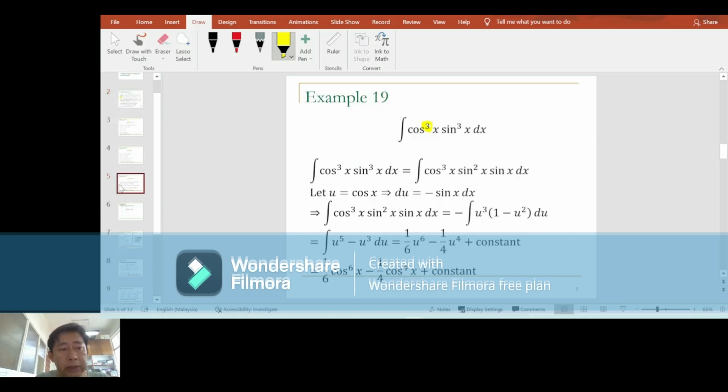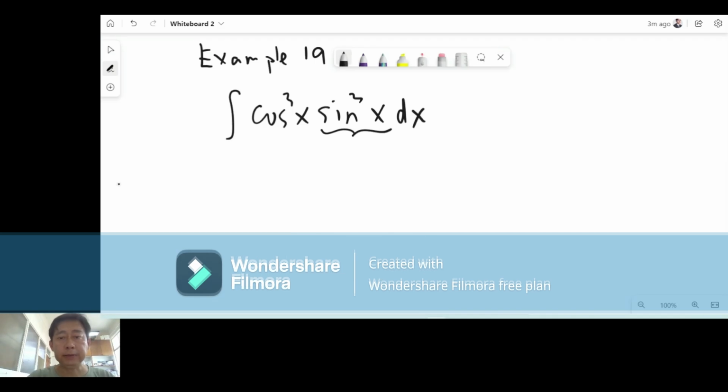The method to integrate example 19 is similar to the method used to integrate examples 18 and 17, in the sense that you just choose one of the odd powers in the product and then split it into an even power times a term which is linear in the trigonometric function.